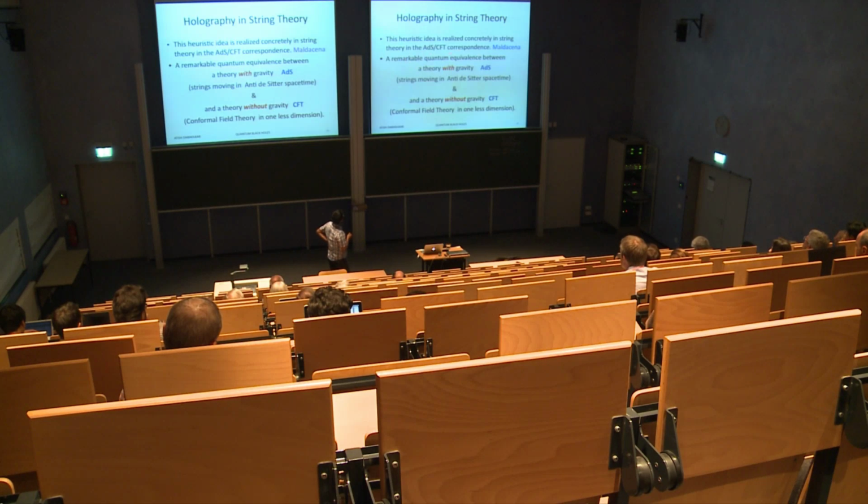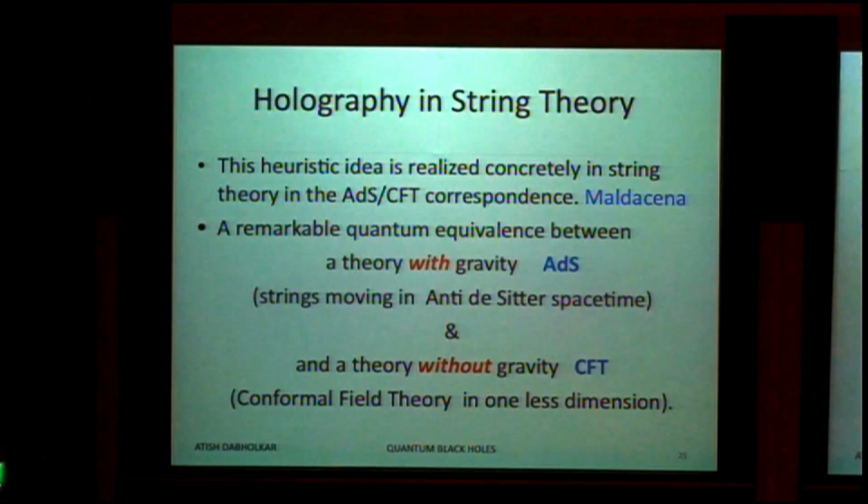Now, this heuristic idea actually has been realized very concretely in string theory, under the name of the anti-de Sitter CFT correspondence, due to Maldacena. It's a truly remarkable quantum equivalence between a theory with gravity, a string theory moving in anti-de Sitter space-time, and a theory without gravity. Anti-de Sitter space-time is just a maximally symmetric space.